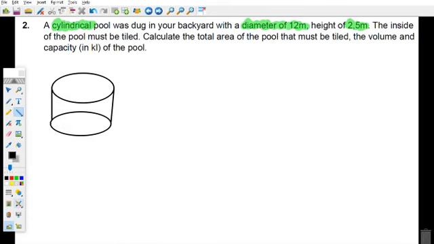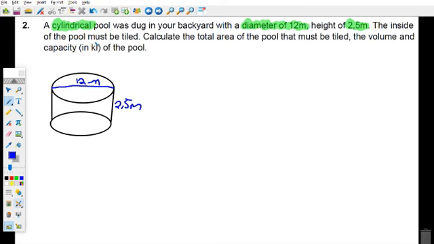You agree? I agree. I think it is. So they told us that the diameter here is going to be 12 meters. And then my height here is going to be 2.5 meters.